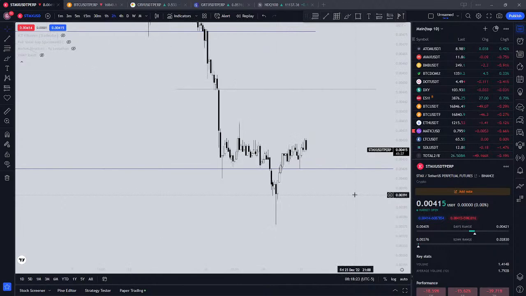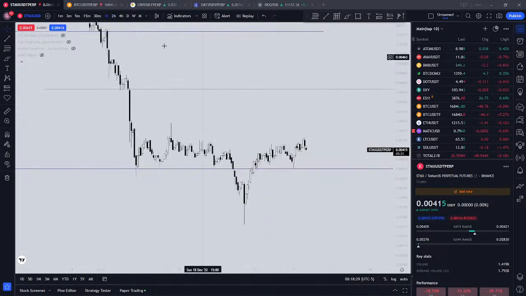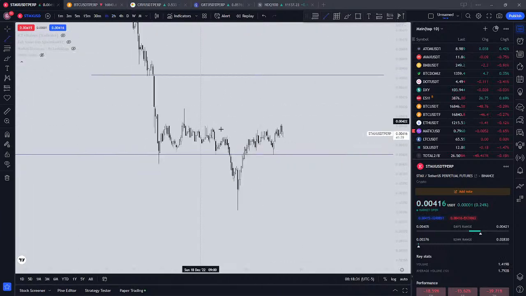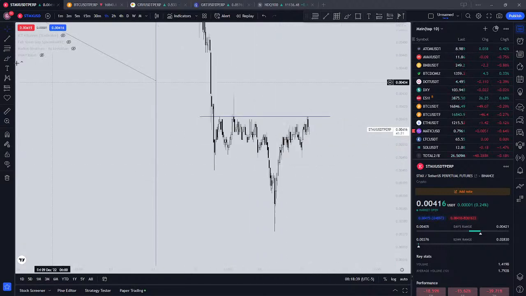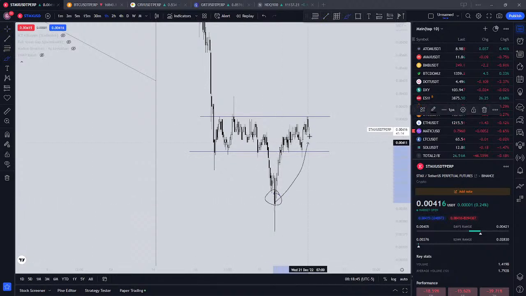Going on to lower time frames, nothing that interesting over here apart from the fractal nature of price, where you broke out from that range. Let's get rid of this and this, just to form another range. And this would be your deviation and return back to range.